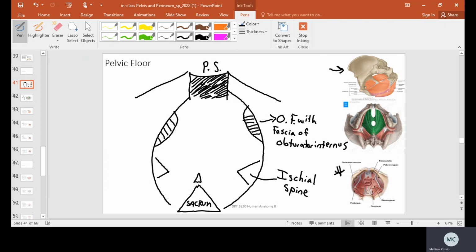I'm going to draw it in a different color. There's going to be a large tendinous arch, and it's part of obturator internus. It also provides just another anchor point for a lot of these muscles to attach to. Is it just connective tissue? Just tendon. Yep.